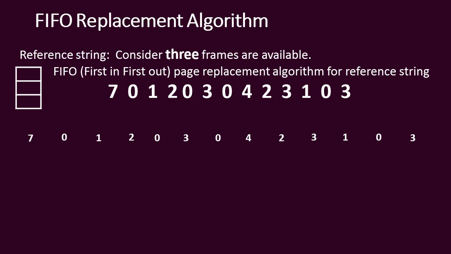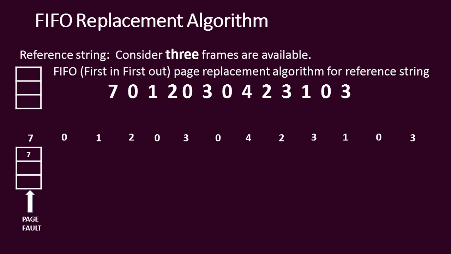As given in the reference string, the first page is 7. Now the entire memory buffer is empty and the desired page is not in the memory buffer. Hence a page fault will occur and page 7 is fetched from the disk to the memory buffer, and we will refer to it as a page fault.